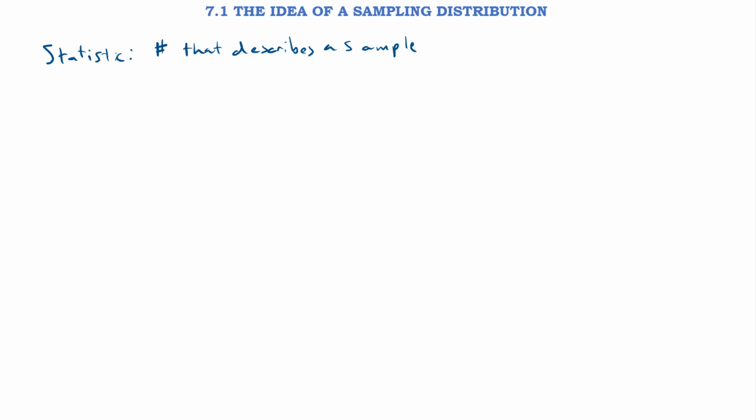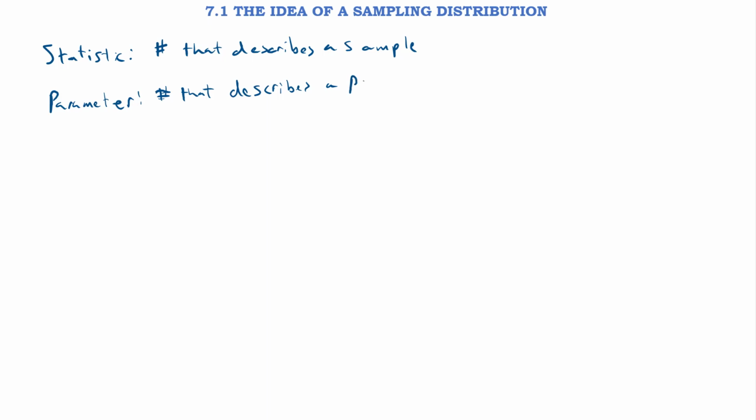Okay, and the other thing we're going to talk about again is parameter. So parameter, we're talking about the number that describes a population. So parameter is the number that describes a population.